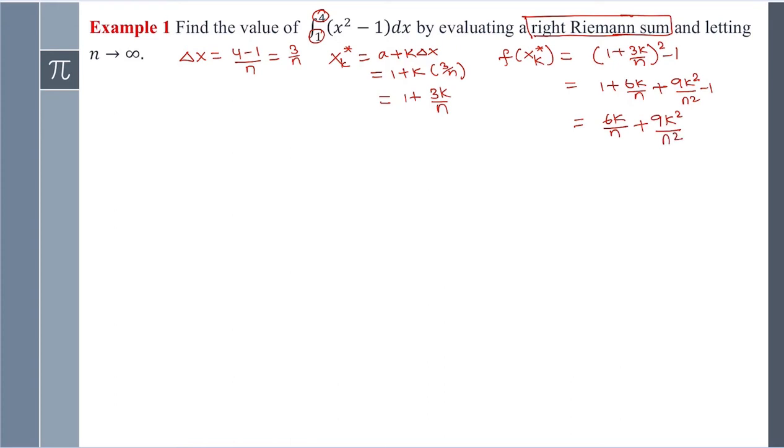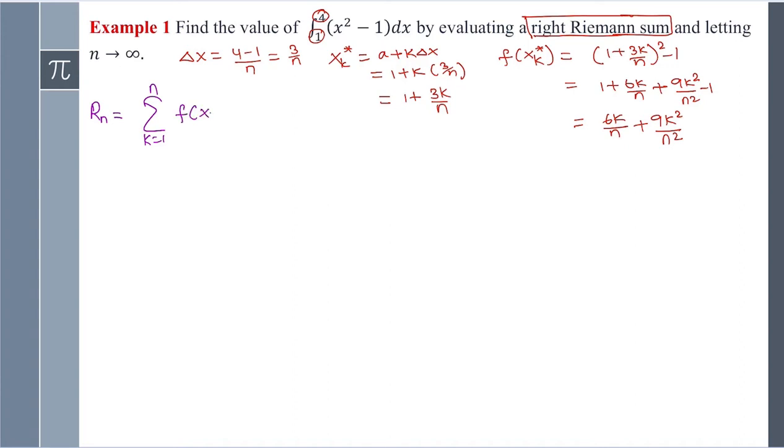Now we will use the formula for the right Riemann sum, let's say R sub n equals the summation from k equals 1 to n of f of x sub k star times delta x. Let me write the formula first.